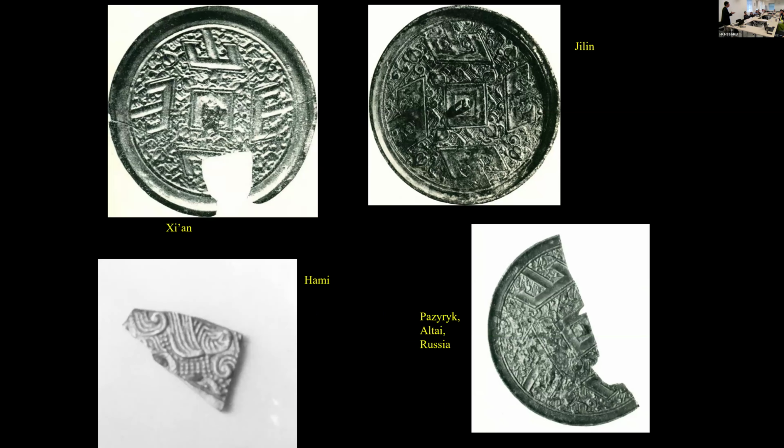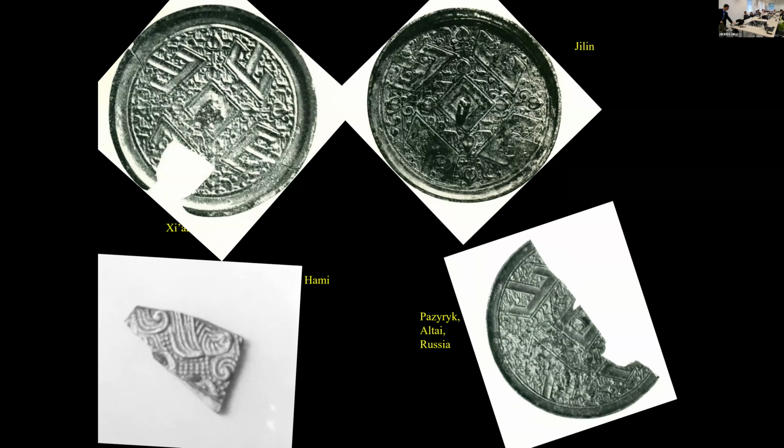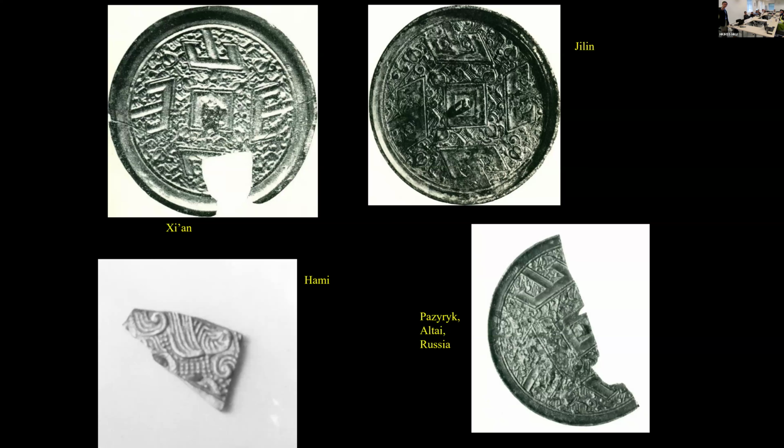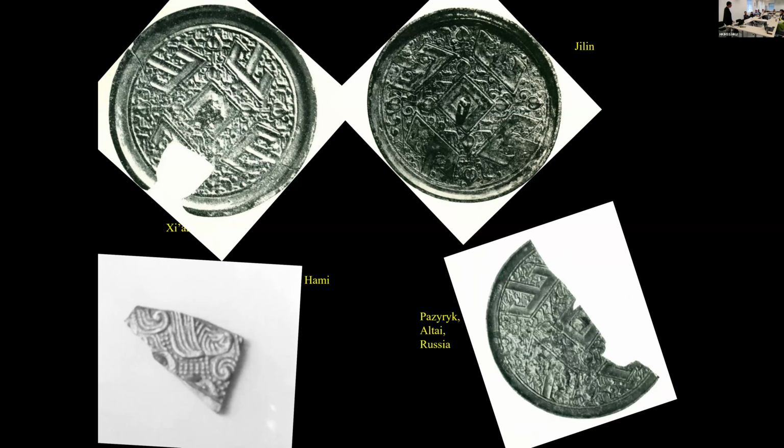What would be the result of the industrial output? This is a mirror from Xi'an. This is a mirror from Jilin. This is a mirror from Hami, right, where we eat the Hami melon, Xinjiang, right? This is a mirror from Pazyryk in the Altai mountain area in today's Russia.